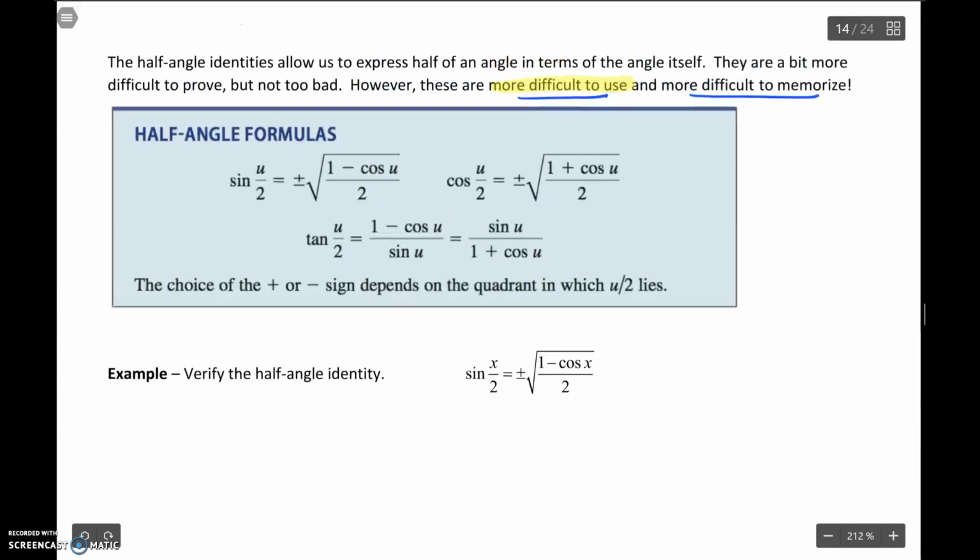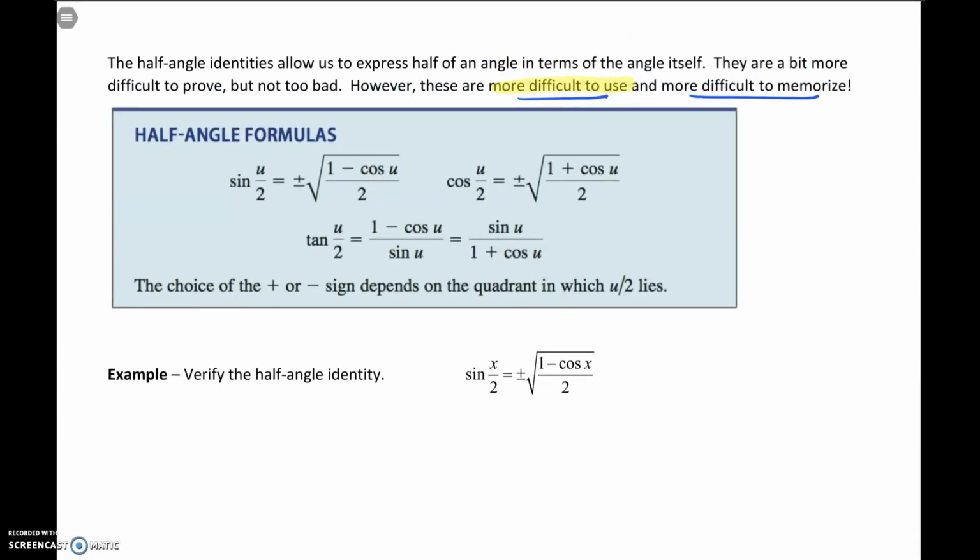Okay. All right. So the sine of x over 2 or u over 2 is plus or minus the square root of 1 minus cosine u over 2. The thing that makes these a little bit difficult are these pluses and minuses. The identities don't really know which sign is supposed to be attached to the half angle for the sine or the cosine.